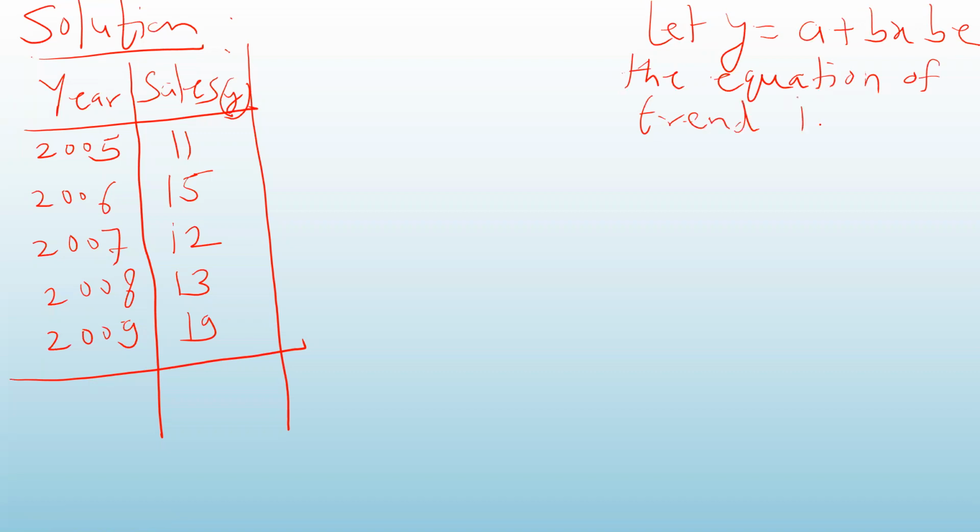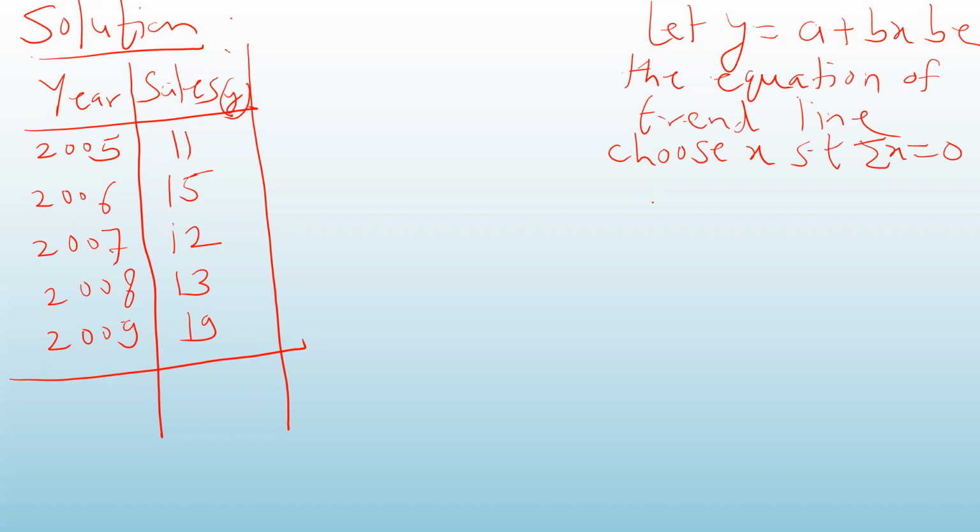Then we are going to convert the time into X. Here the time is year. So we have to convert year into X. So how do we do that? We choose our X in such a way that summation of X is equal to 0 to ease our calculation and get the values of A and B.